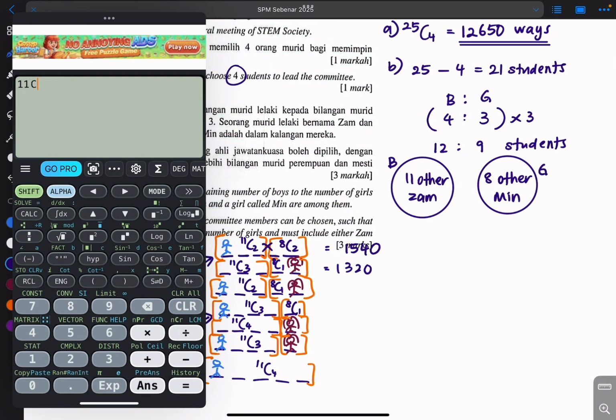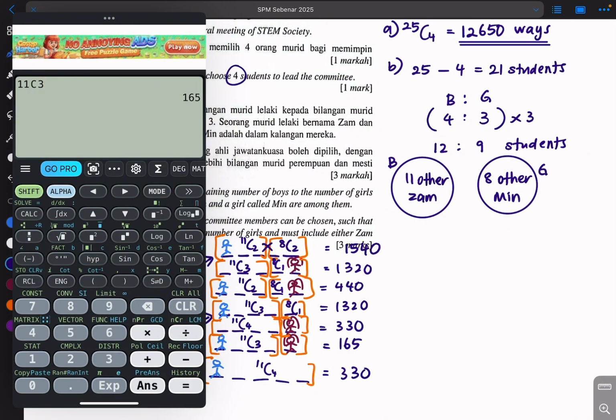Then 11C2 times 8C1. 440. 11C3 times 8C1. 1320. Then just 11C4. 11C3. And lastly 11C4 again. 330.